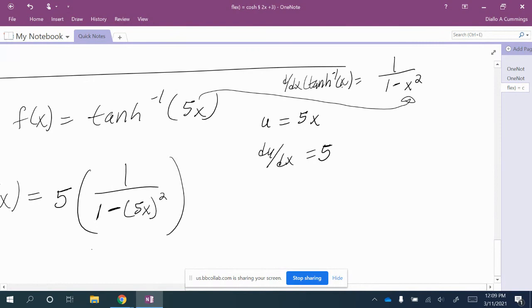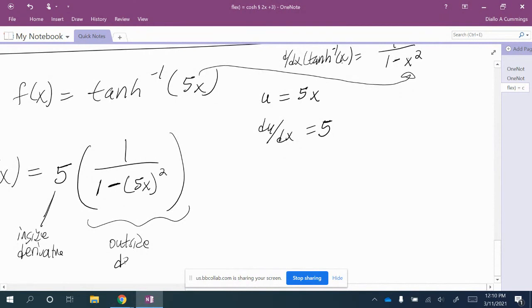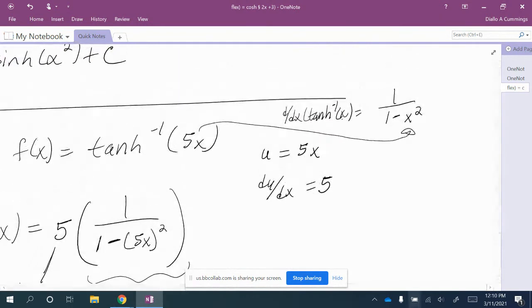What I have here, I'm kind of writing this differently from when I wrote it the first time. This is the inside derivative, and this is the outside derivative. For the outside derivative, we use the formula.